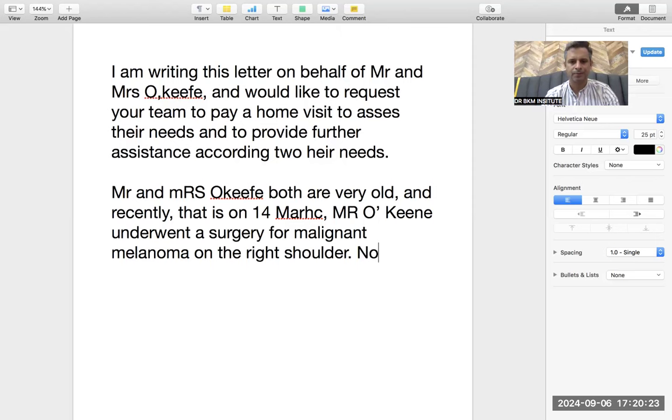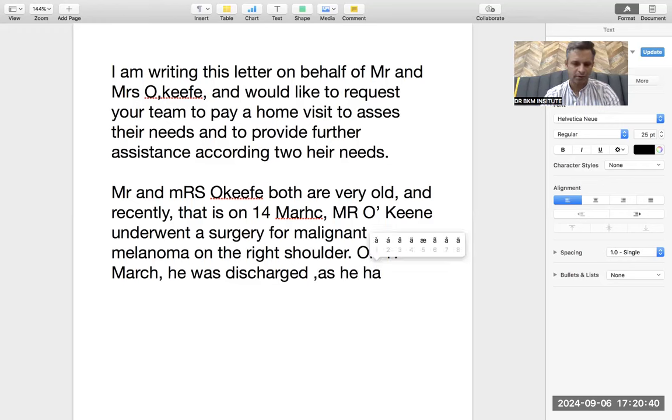Now, on 17th March, he was discharged as he showed good progress.